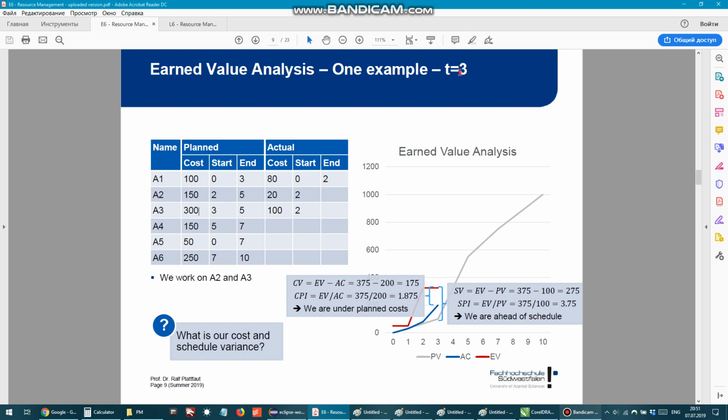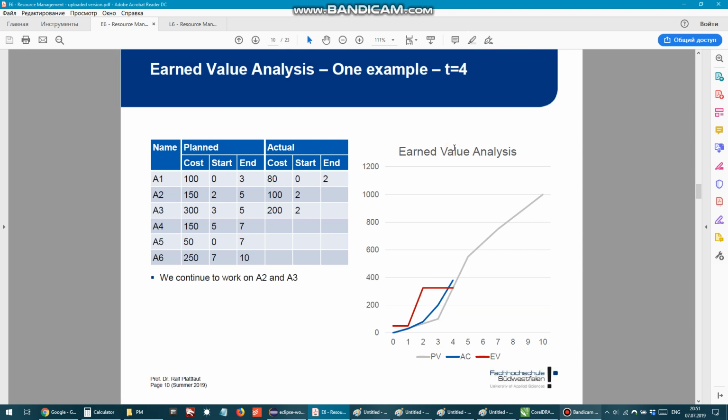Now this red line comes back up to here, and it shows 325. Then we move to day 4. In day 4, because we didn't yet finish anything, we still assume for the red line that the earned value that we have is 325. We still have only 50% of these 2 works. Then we move to day 5, T5.